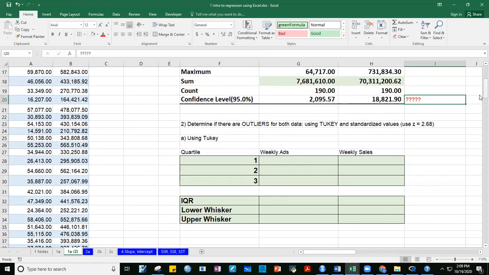Now, we'd like to determine whether there are outliers. It's important, guys, when you analyze data, we'd like to know if there are data points that are outliers. Later on, we're going to discuss outliers can be leverage points or influential points. Very critical sa atin malaman kung ano yung mga influential points ng data set natin.